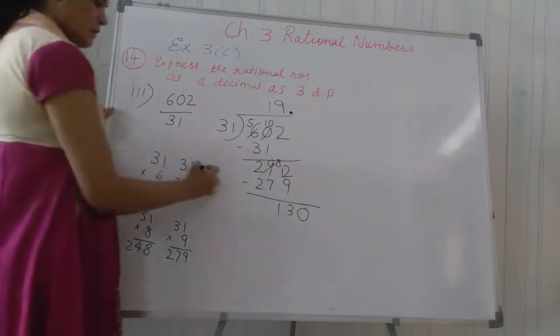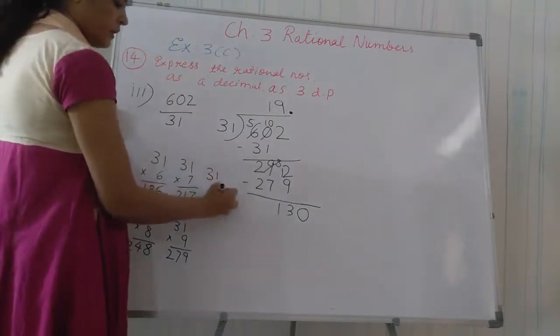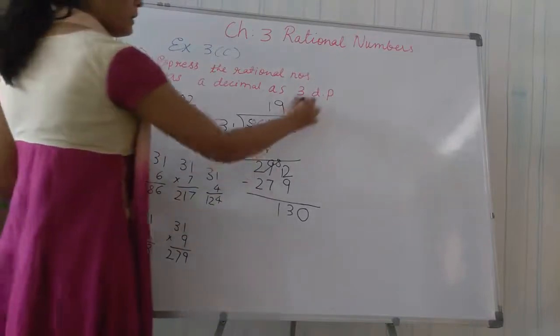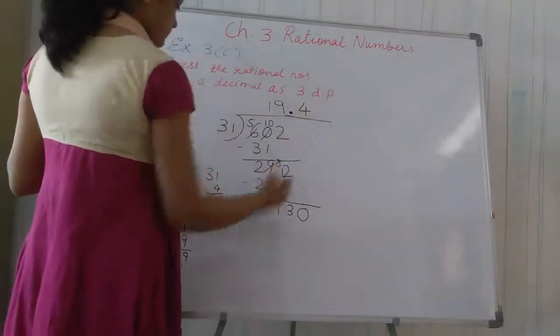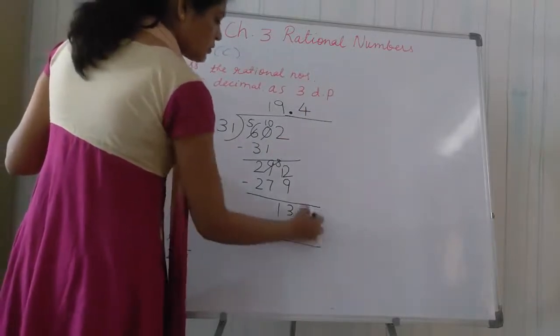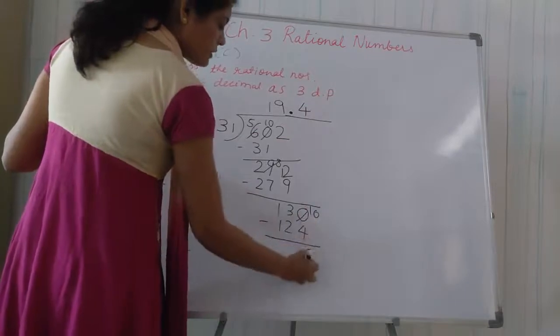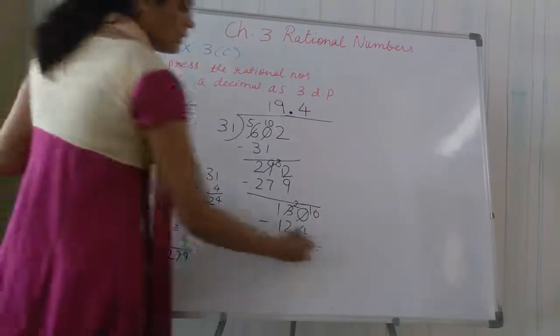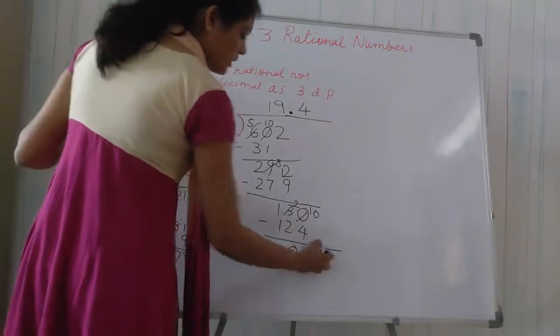You see, next is 31 fours are 124. This will come here as 31 fours are 124. So now 10 minus 4 is 6. 2 minus 2 is 0.